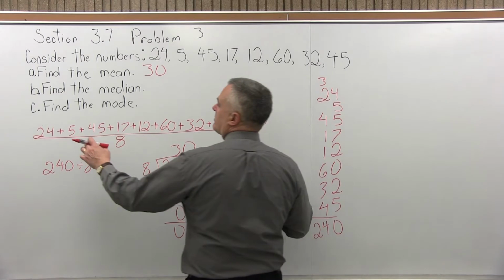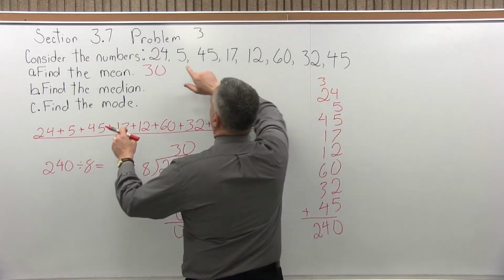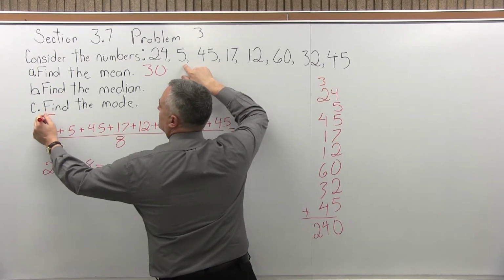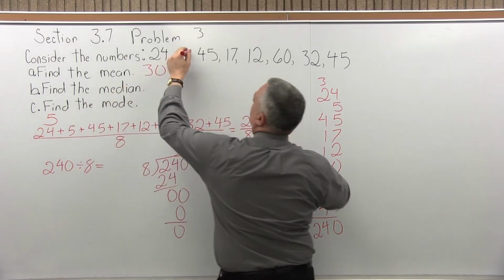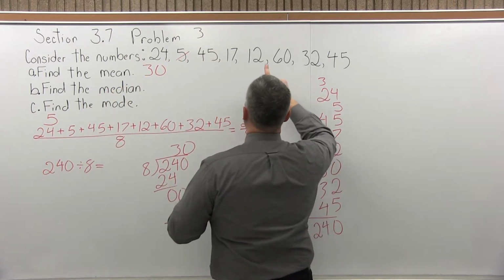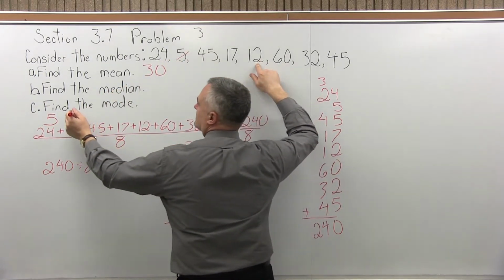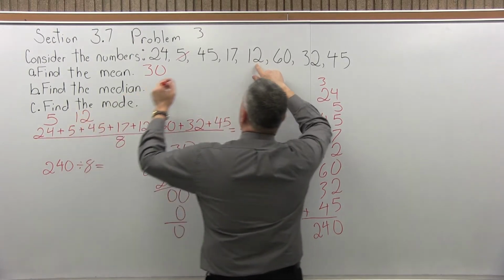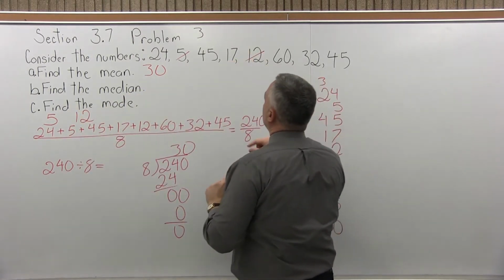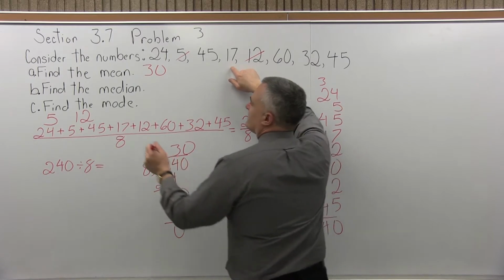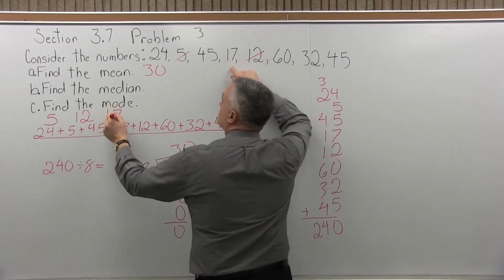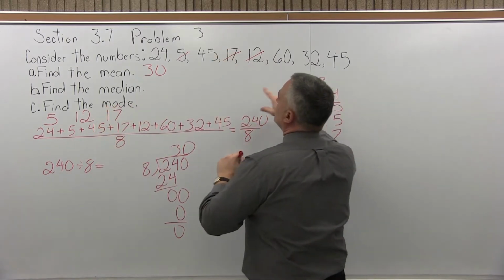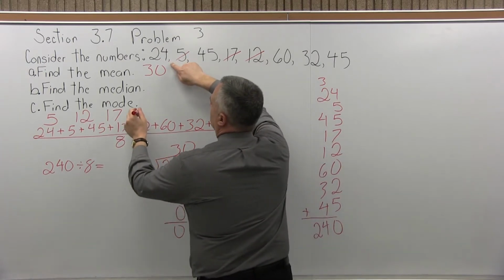And I think I can fit it up above this list. So as I look through, definitely the smallest is 5. Once I use it, I'll cross it off. 12 seems to be next. And 17 is the only other one in the teens. See if we have anything in the 20s. 24.